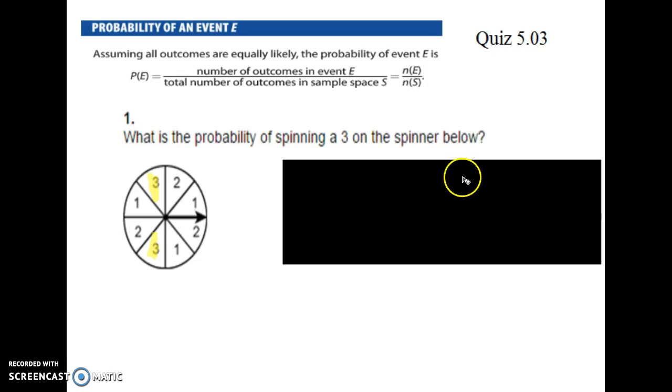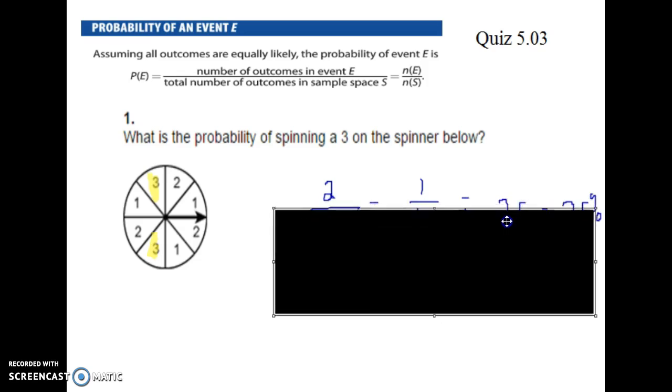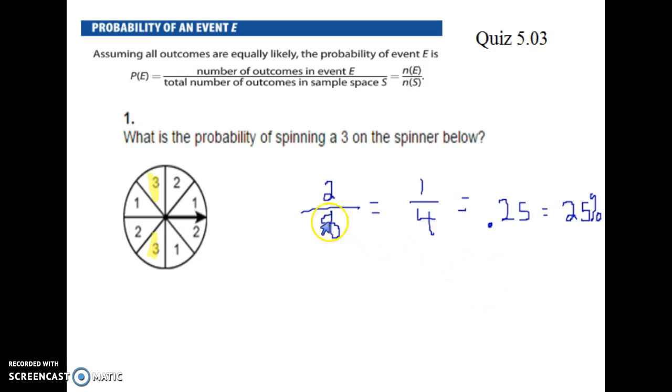So our number of possible outcomes in this event is 2. Then we want the total number of outcomes. So that means how many choices are there? There's 1, 2, 3, 4, 5, 6, 7, 8, right? So our total outcomes are 8. And so 2 out of 8 is the chances of getting a 3.